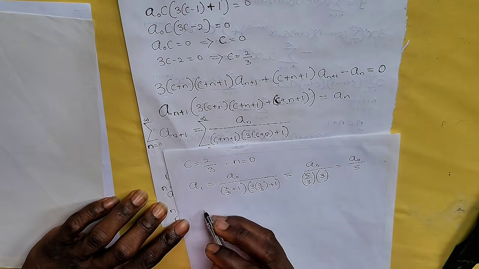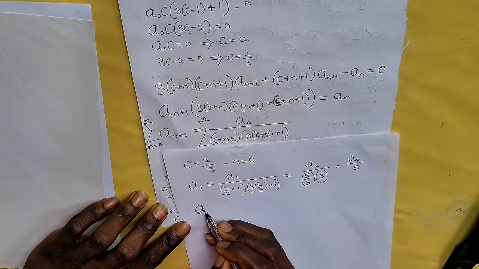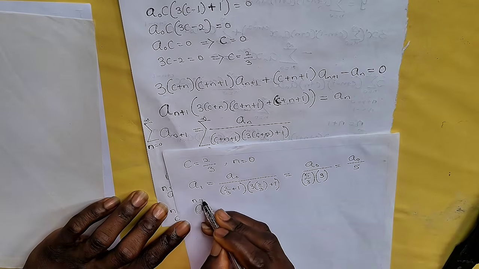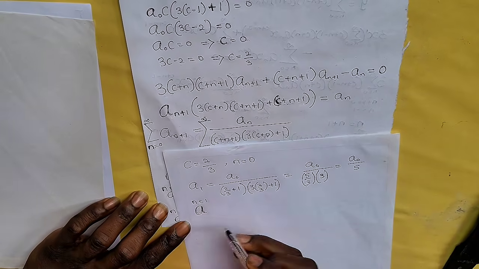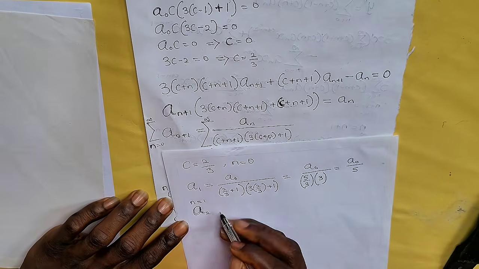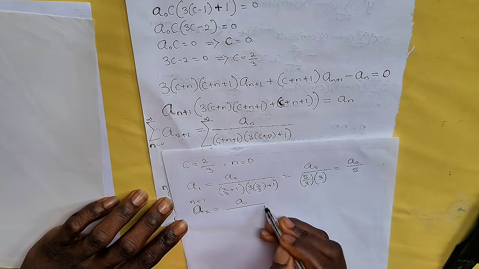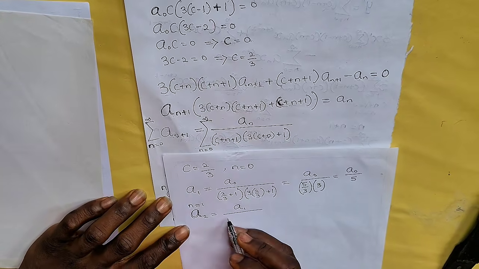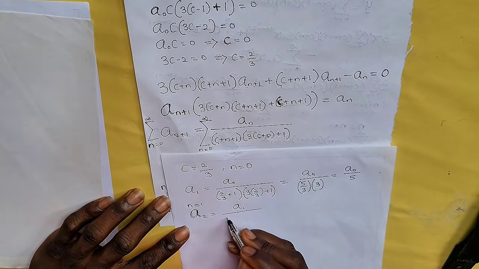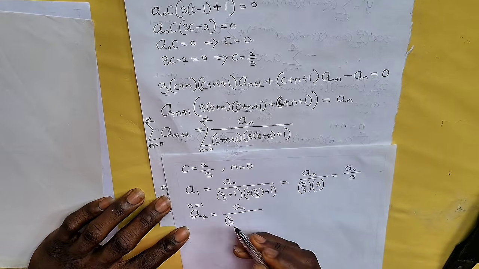Now you can take a look at that carefully and you find a way out of it. Now when n equals 1, so what will I have here? I will have 1 plus 1, which will be 2. And on the other side, we have a1 all over. So carefully you observe this. I'm going to have 2 over 3 as c, right?